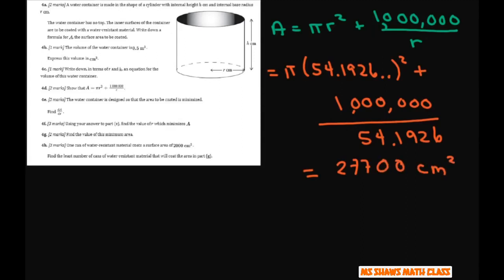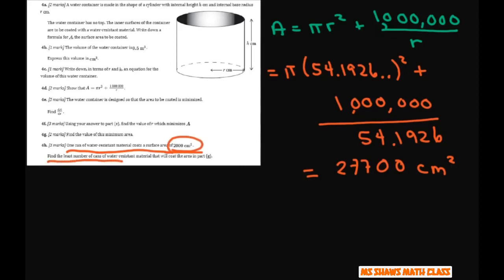All right. Now, finally, it says 1 can of water-resistant material coats a surface area of 2,000 centimeters squared.